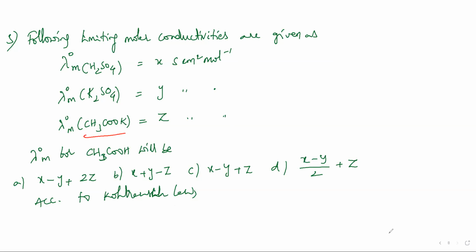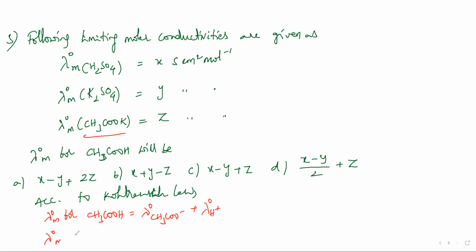Let us see one by one. Let us write down lambda naught m for CH3COOH, or you will get lambda naught CH3COO minus plus lambda naught of H plus.